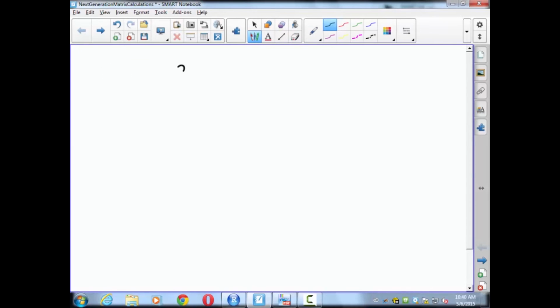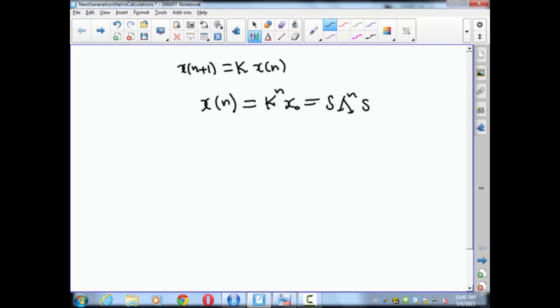We have x at n plus 1 is K times x at n, and we know the solution is K to the n times the initial condition, but we can write this as S times capital lambda to the n times S inverse times the initial condition, x bar 0.